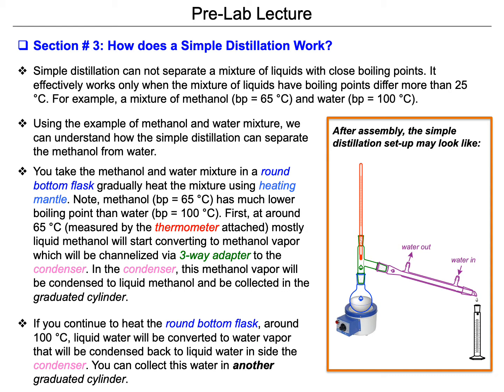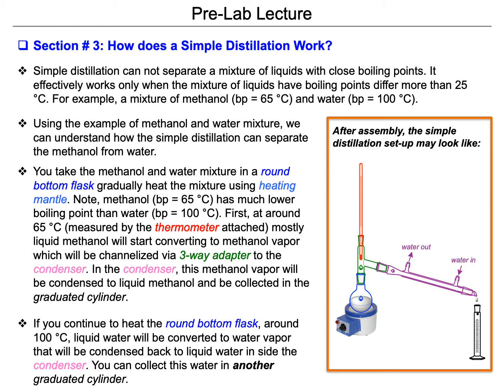So we need a good difference between the boiling points of the two liquid phases that we want to separate. A good example can be water and methanol, which have a delta T of 35 degrees.